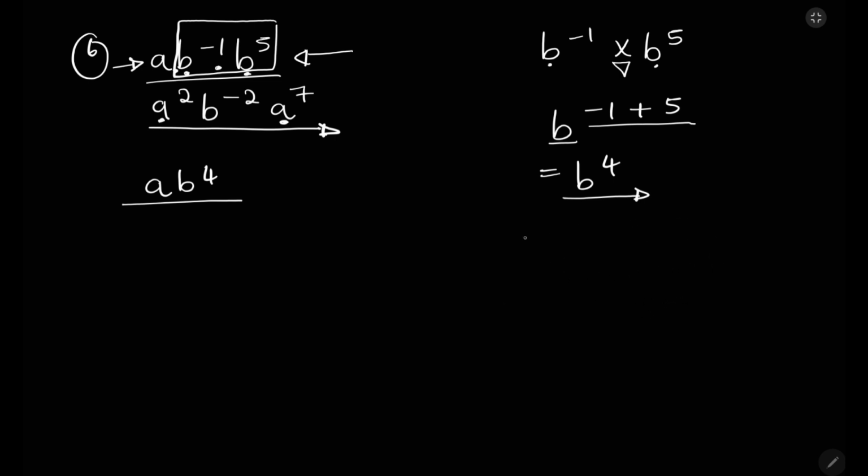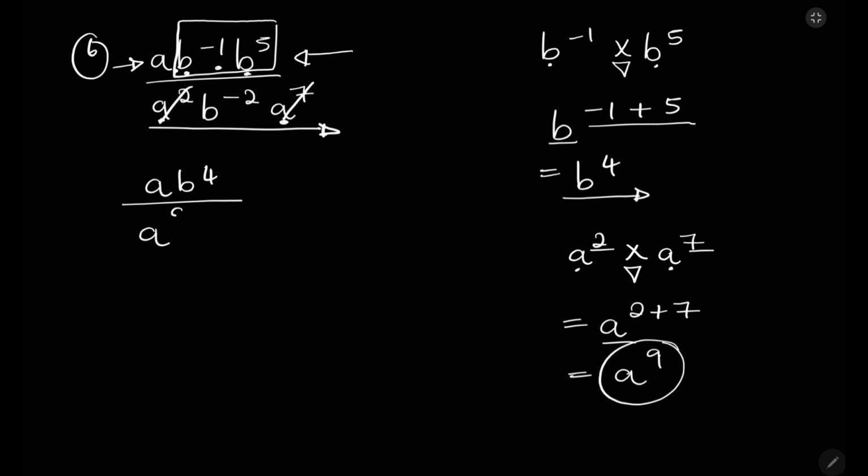So we have a squared times a to the power 7. You have the same bases that are multiplied. What do you do to the exponents? You add them. Write down your base a, 2 plus 7. What is 2 plus 7? 9. So that means in the denominator this will be a to the power 9, then b to the power negative 2.